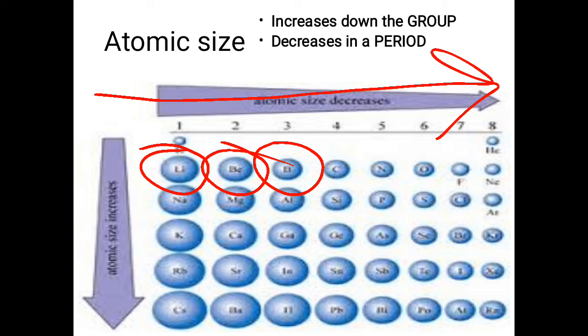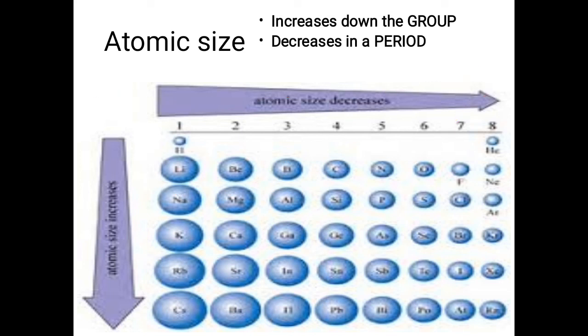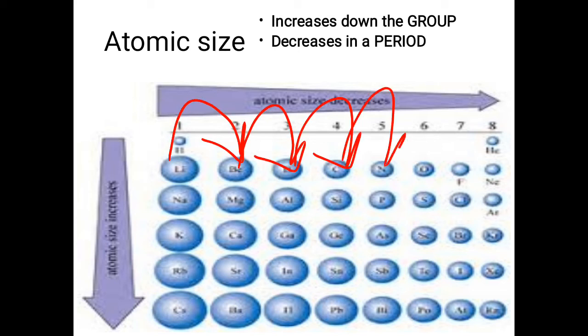Why is this so? Because a period number means the same electron shell, and as we add one more proton every time, like beryllium has one more proton, then comes boron, then comes carbon, every time we have one more proton.